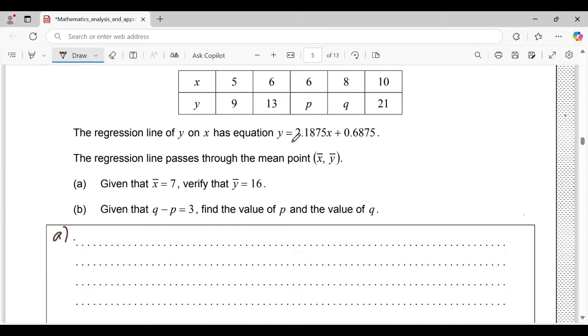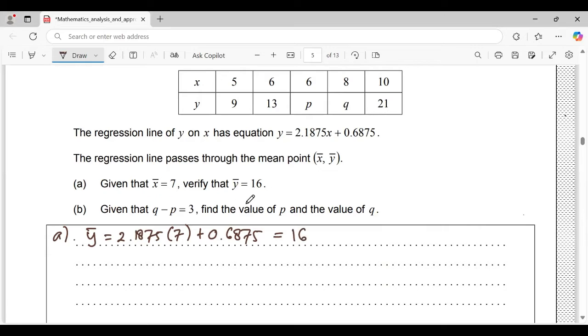Based on these equations, I'd like to verify this. So y-bar equals 2.1875 times 7 plus 0.6875. If you calculate, this is 16.